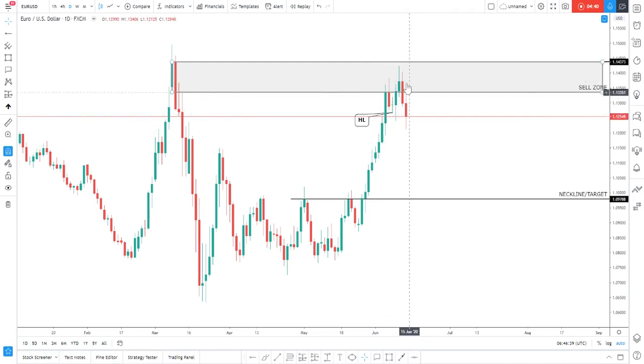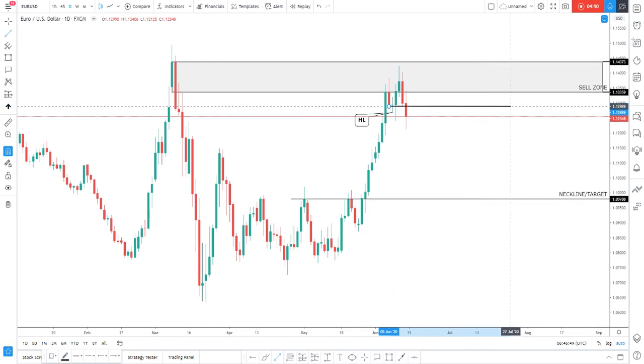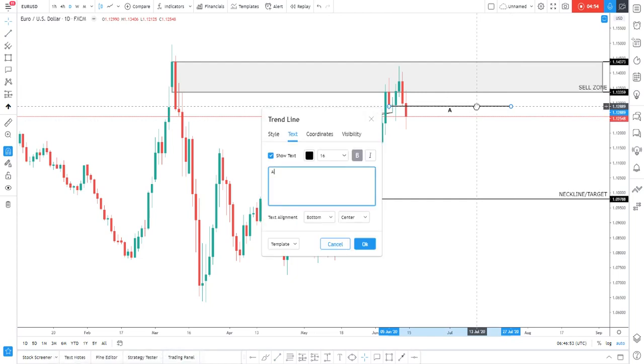Looking at this two candle movement, it broke out of this area of structure. So I'll just pick out my trend line and show this as area of structure break.